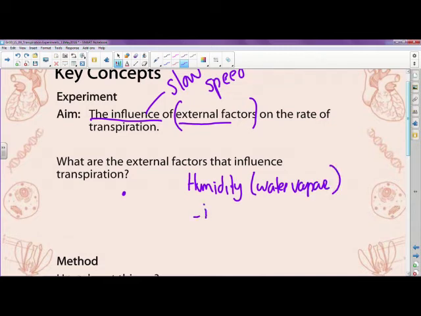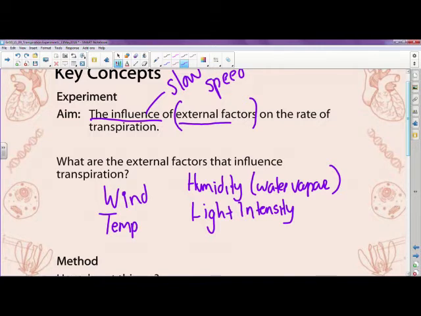Light intensity. Wind. And the last one is temperature. Those are the four. Also, the amount of soil water, so the amount of water there is in the soil.